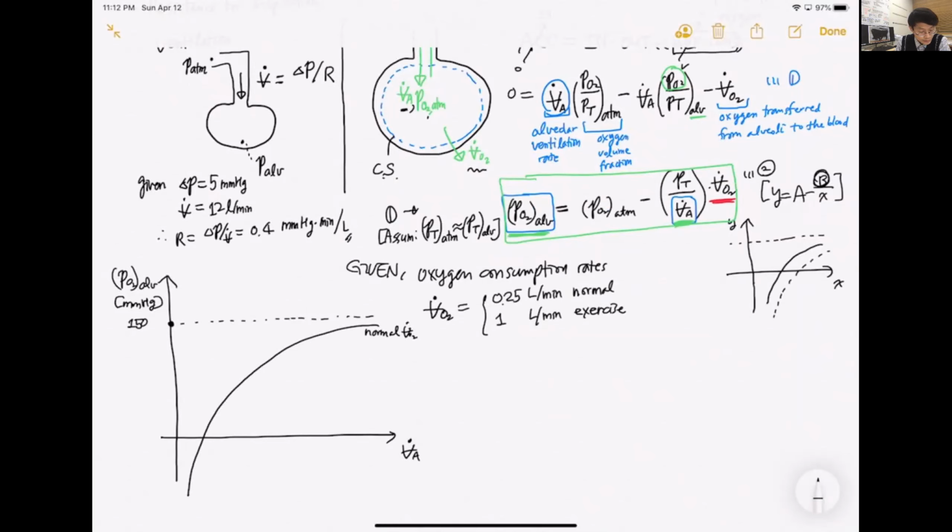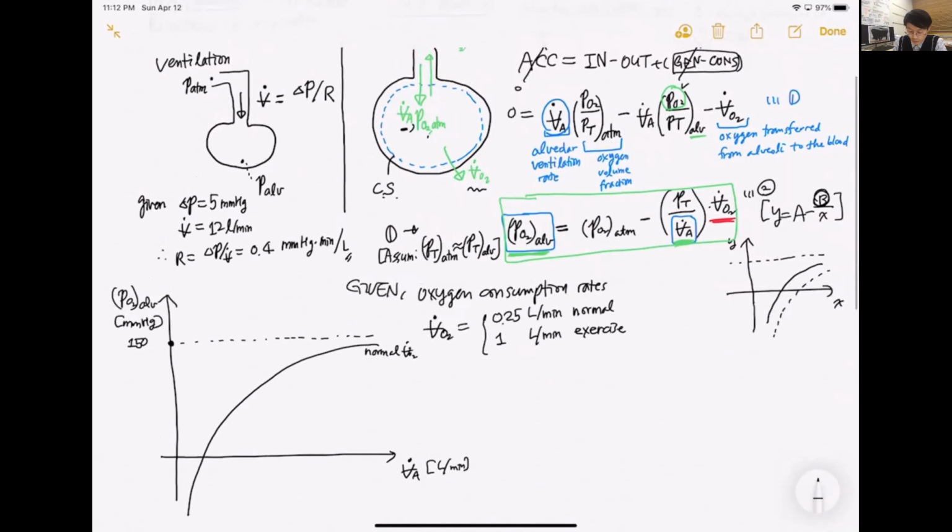And let's assume the conventional alveolar ventilation rate is about 12. So we have measured alveolar ventilation as 12. Let's say if it's 12, what happened here? So if it's 12, that is about 130 mmHg.